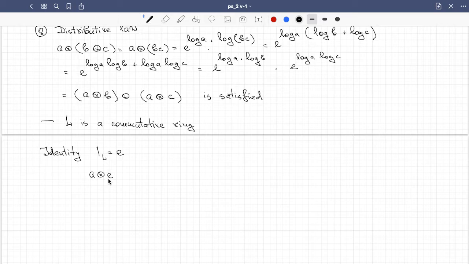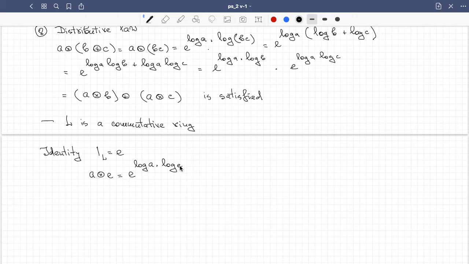Now I want to justify, yes, this number does play the role of identity. By the definition of this multiplication in circle, this is going to be e to the log a times log e by our modified definition. I started with modifying the definition. It looked awkward. I wanted to make it more symmetric.